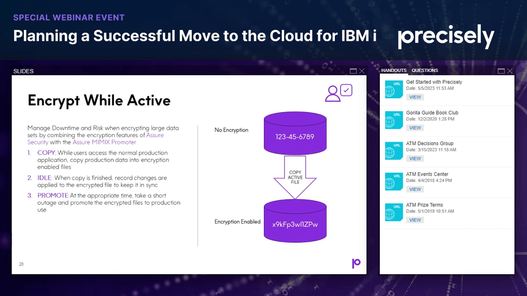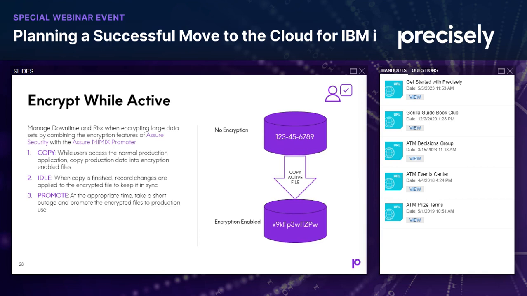So real quick, the first phase: copy the data from the production file, while it's still in production, to an encryption enabled file. So we start with 0 records in the new file, enable the encryption, and just copy it over record by record while you're still running in production. Once it goes from 0 to 100%, it goes into idle mode and keeps it in sync, so new changes that are made are applied to the new target.